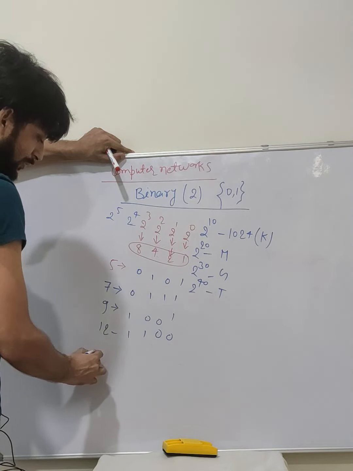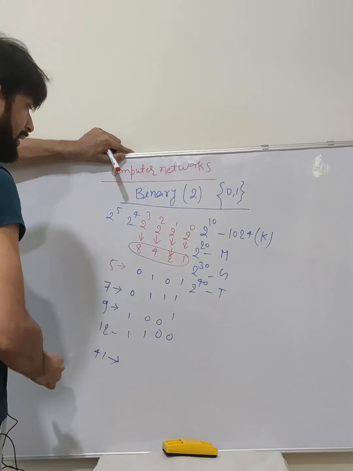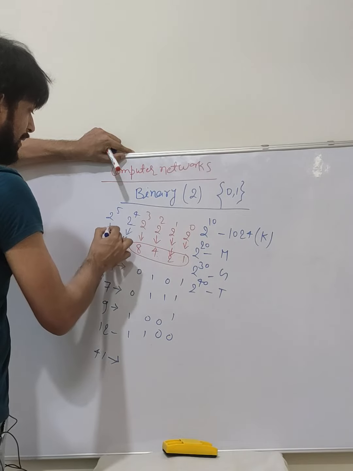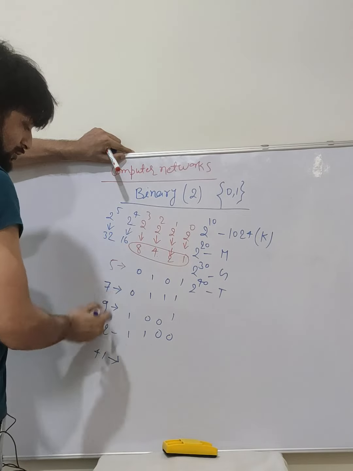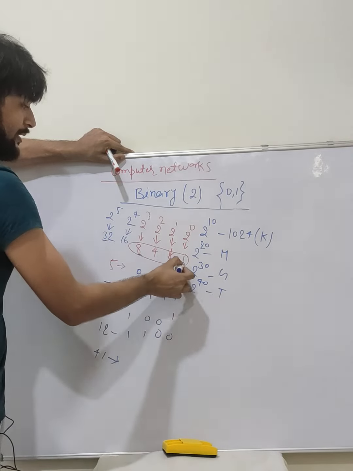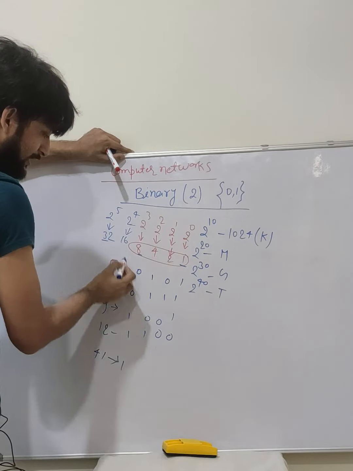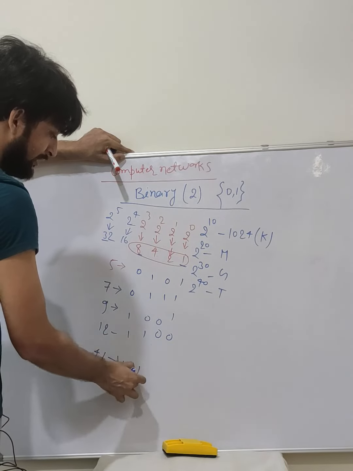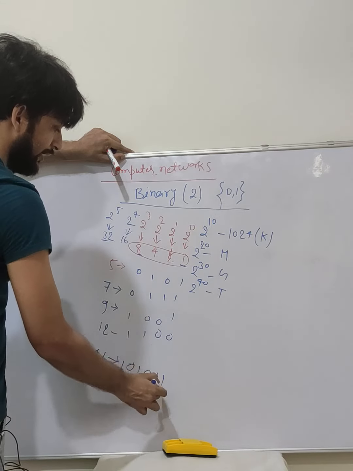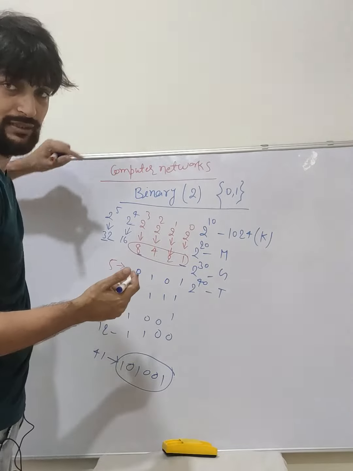Suppose we want to represent 41, a big number. 2 to the power 4 means 16, 2 to the power 5 means 32. So how to get 41? First add 32 plus 8, that is 40, and plus 1, that is 41. So this bit 1, this bit 0, this bit 1, these 2 bits are 0 and this bit 1. This is the representation of 41. Easy.